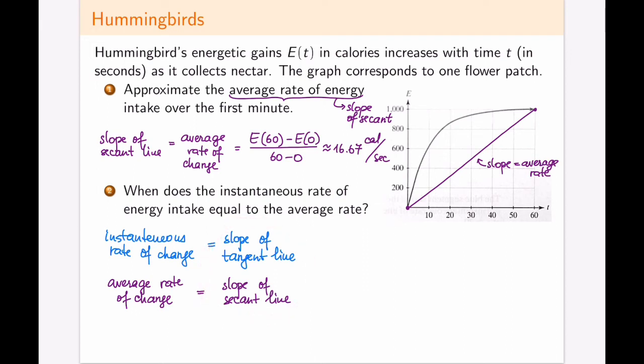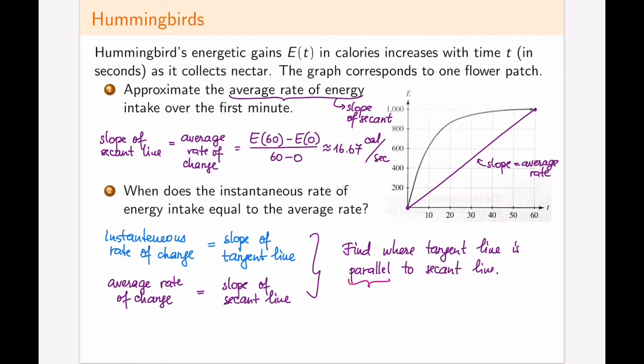We need to find where the tangent line is parallel to the secant line that we already drew, because parallel means equal slopes.